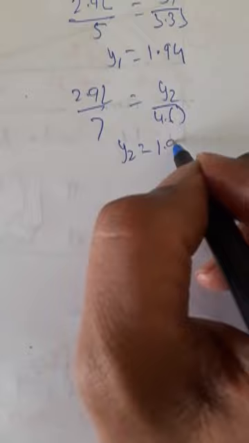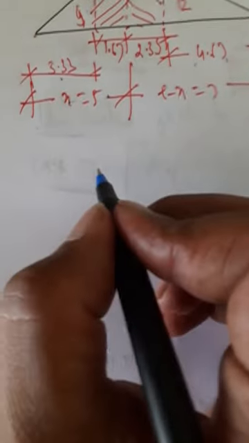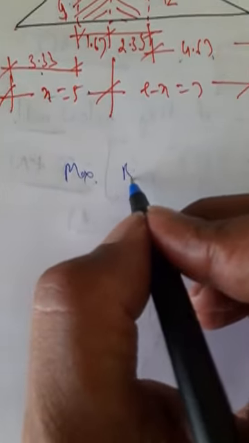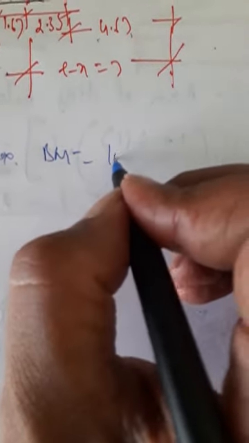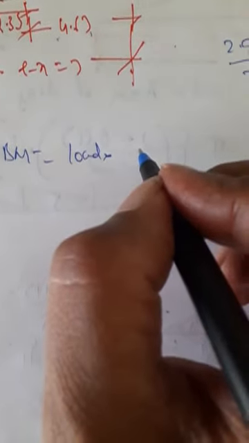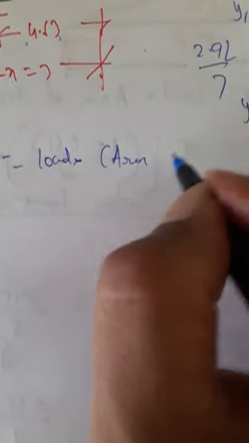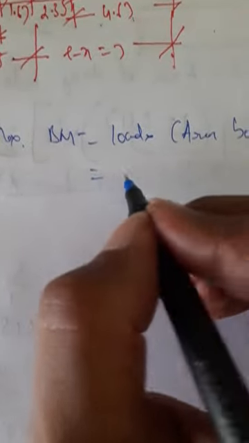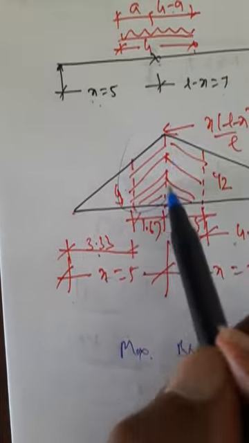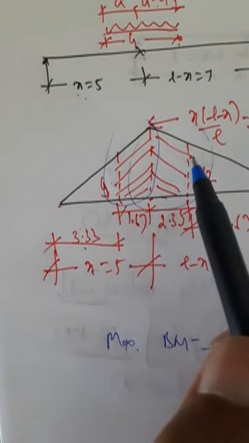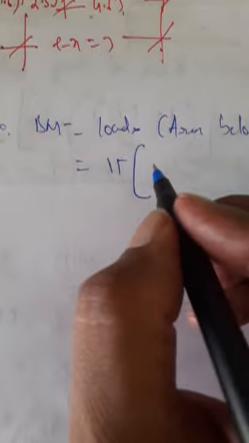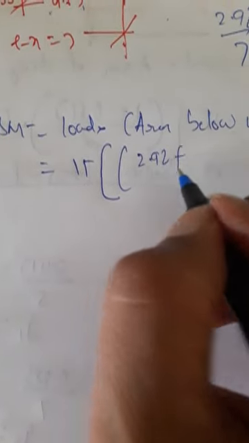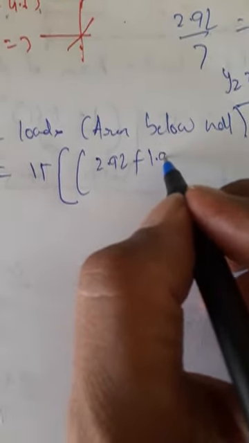is equal to 1.94. Now maximum bending moment is equal to load into area below UDL. So load is 15. Now area, here I have to find this area separately and this area separately, and this is given by 2.92 plus y1, 1.94 divided by 2 into span.